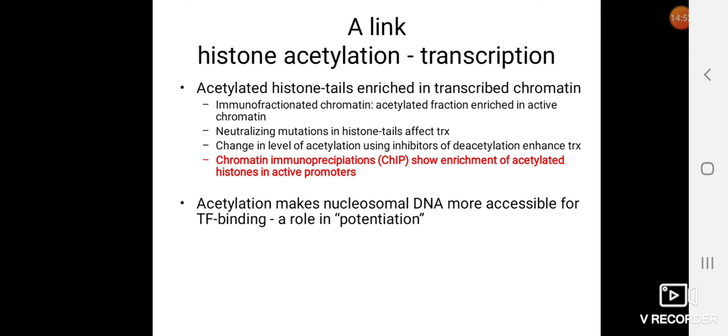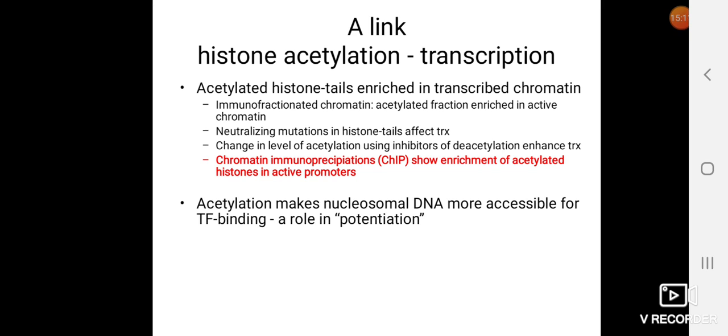When mutations were introduced at the histone tail, leading to less acetylation, transcription was affected.